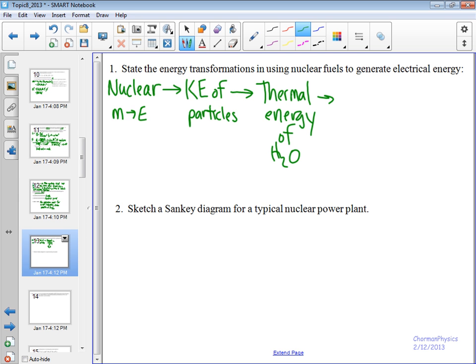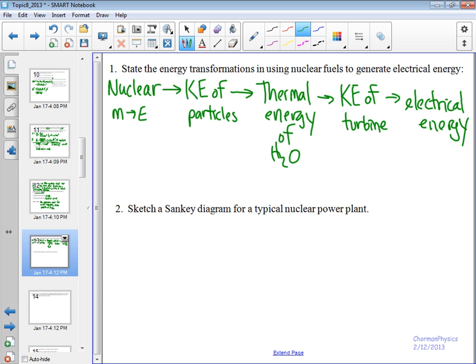And this is just like our coal plant, from here the rest of the way out. We go to kinetic energy of the turbine, and that generator generates electrical energy, and we send that out on the grid.